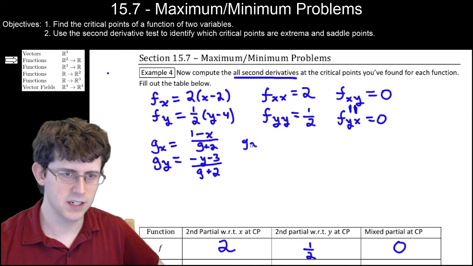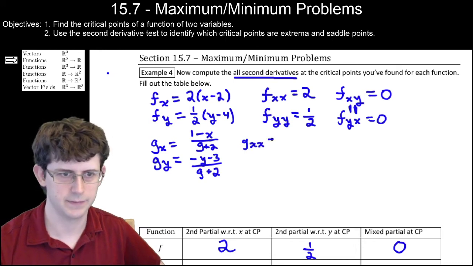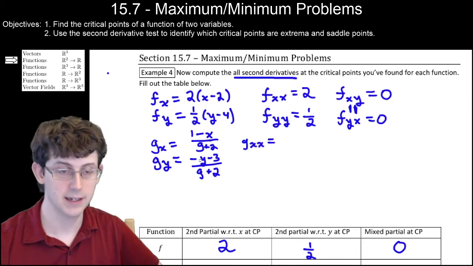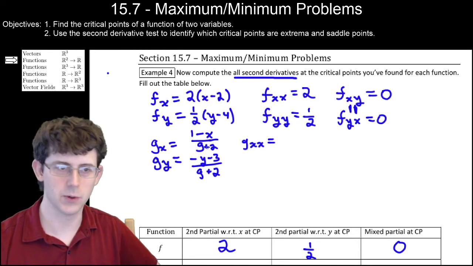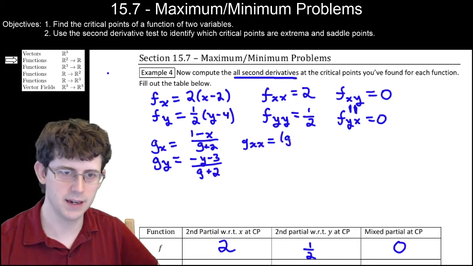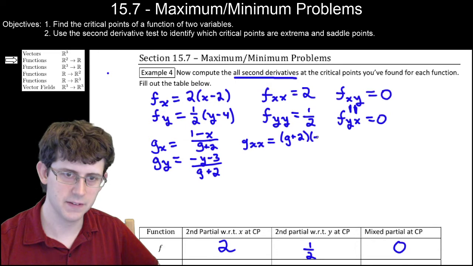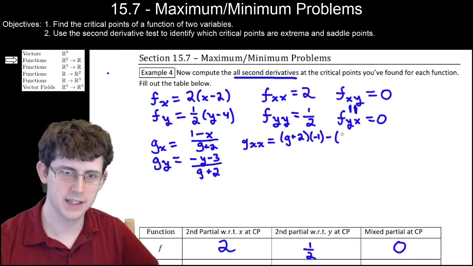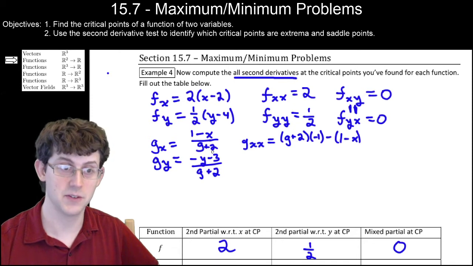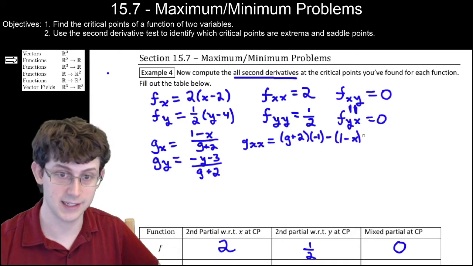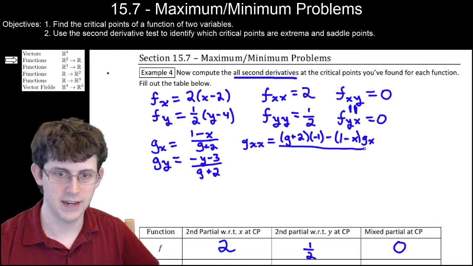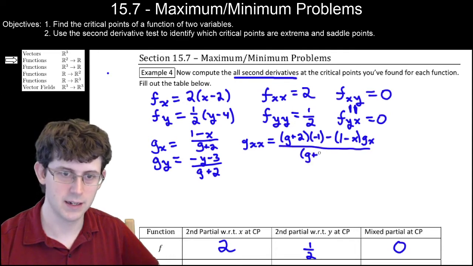Let's find gxx. I don't see any way around this; I'll have to do the quotient rule. So I have the denominator times the derivative of the numerator, minus the numerator times the derivative of the denominator, where the derivative of the denominator here is gx, all divided by the denominator squared.